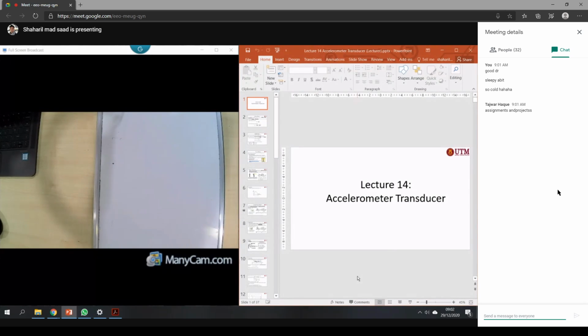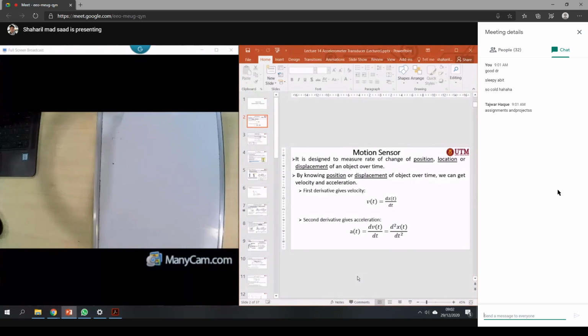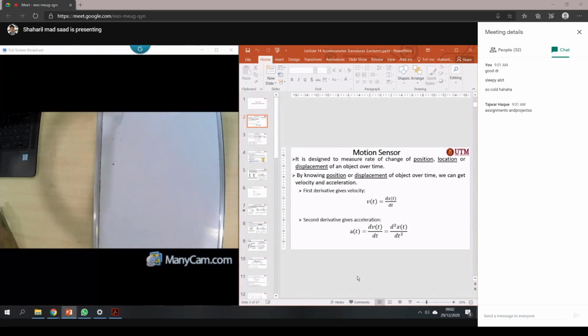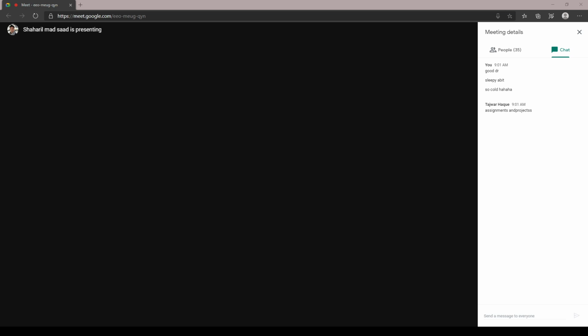acceleration. Before we go further into the accelerometer transducer, let's look at motion, because acceleration is quite similar to motion. A motion sensor, or we call it an acceleration sensor, an accelerometer sensor, is designed to measure the rate of change of position, location, or displacement.